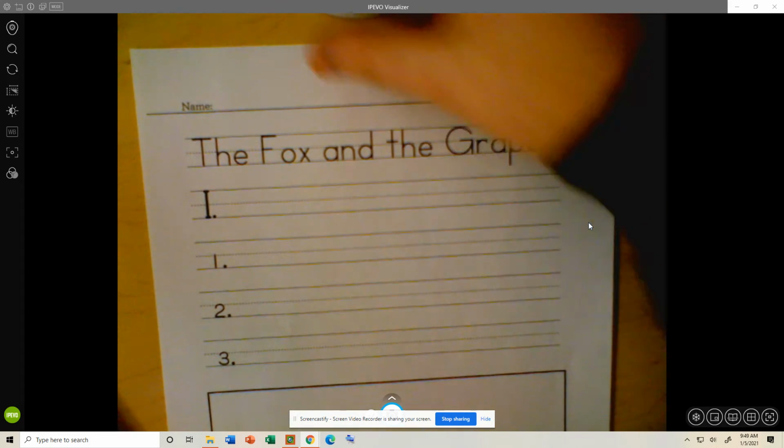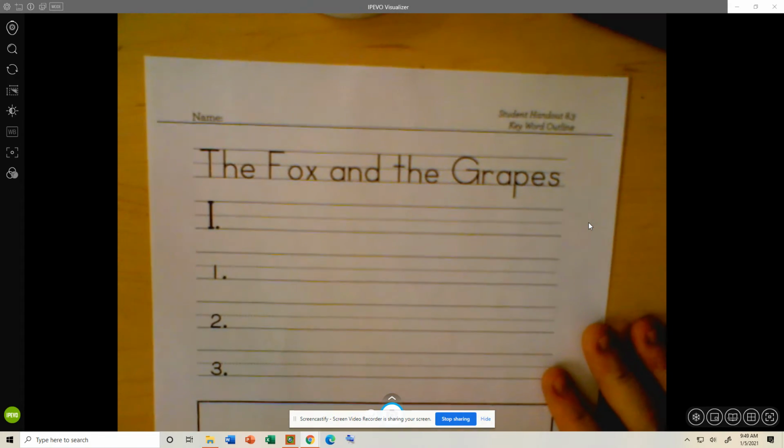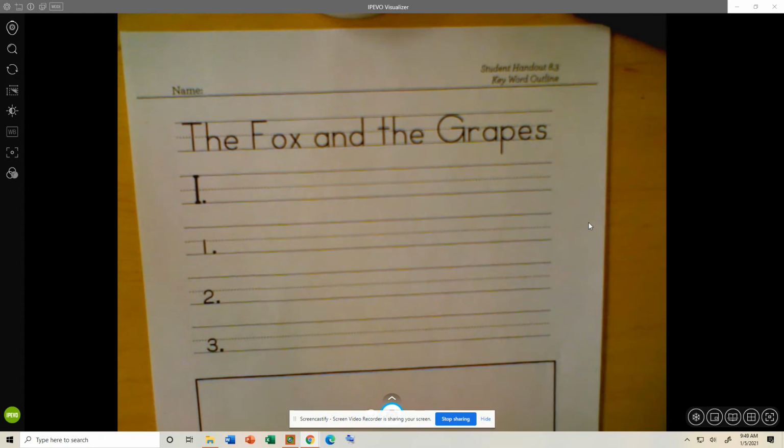So the way that this is going to work is we are going to go sentence by sentence, okay? So starting with the first sentence, we are going to pick out what I'm going to call important words, okay? These are words that are going to help you remember what the sentence said, okay?